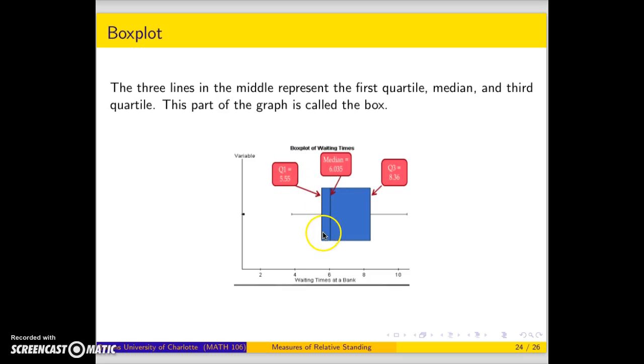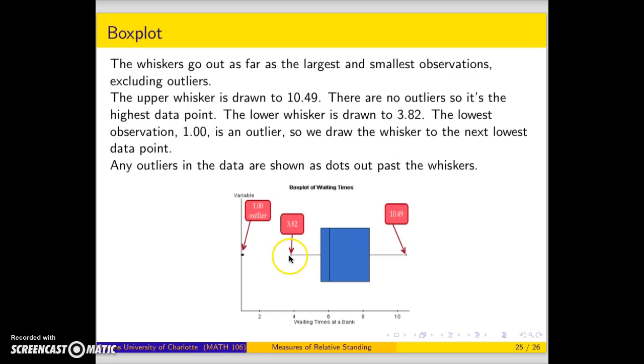This line represents Q1, this line represents the median, and this line represents Q3, the 75th percentile. So these three lines always represent Q1, the median, and Q3. Then we draw the whiskers out as far as the smallest and the largest data points that are not outliers.